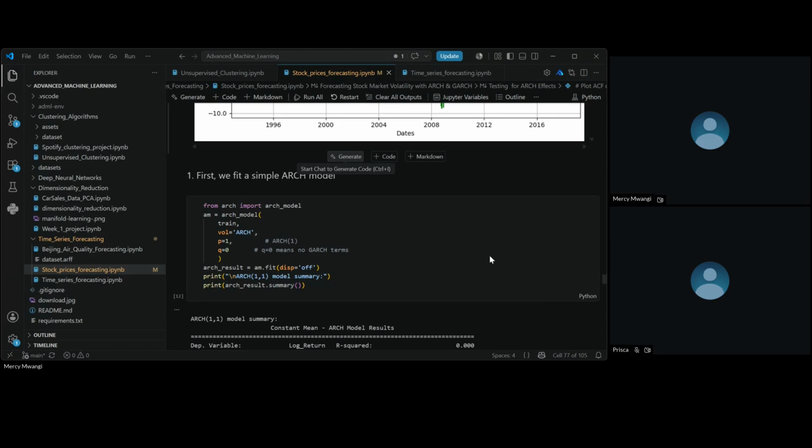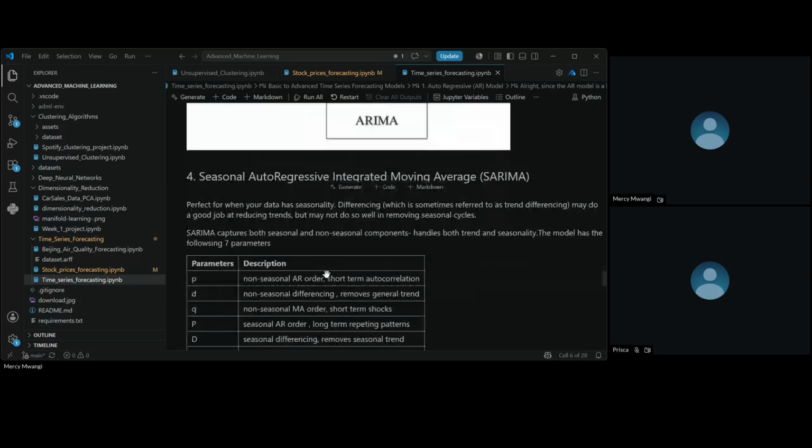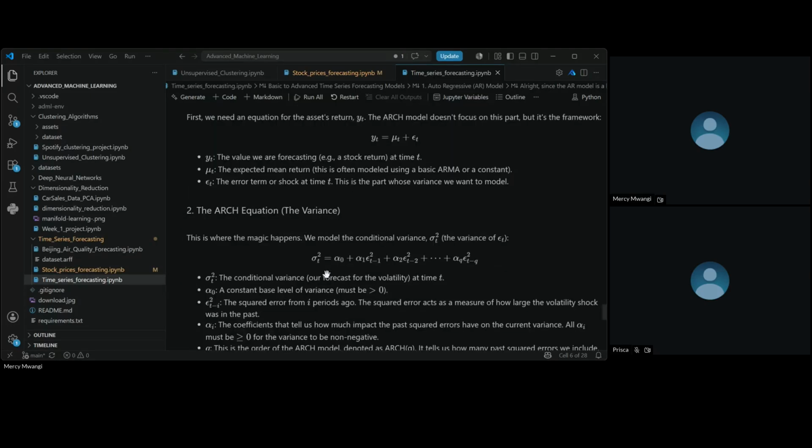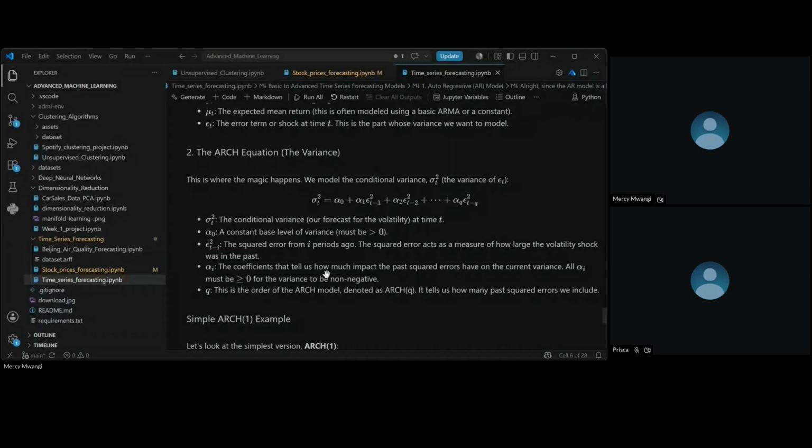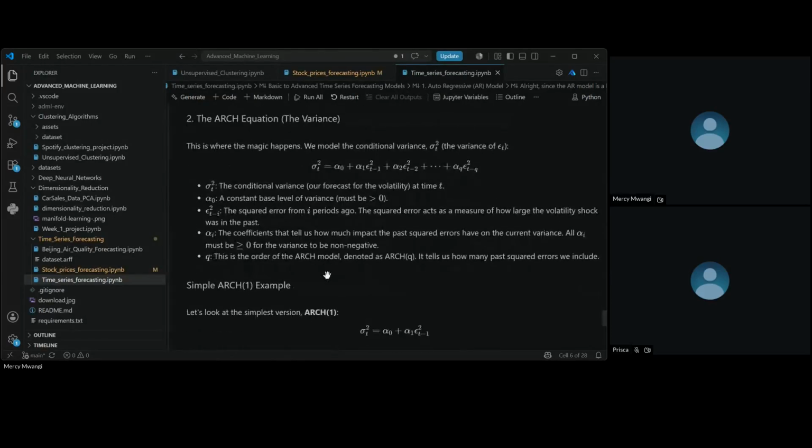All right. So there's something I did not explain. You can think of it as the model order. There's this parameter Q, which is the order of the ARCH model. Remember, we've said, what are we modeling when it comes to ARCH and GARCH?